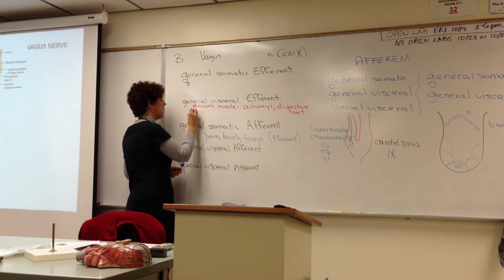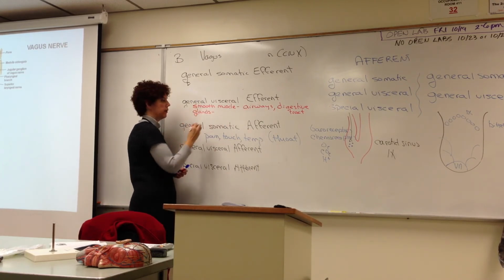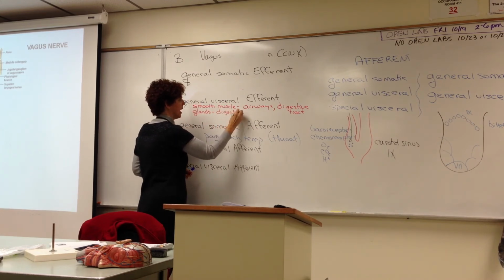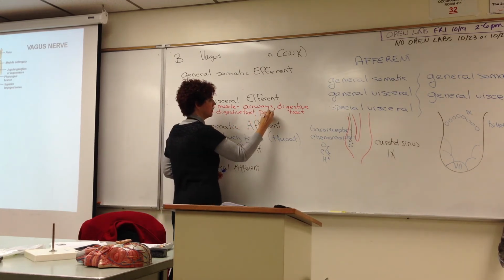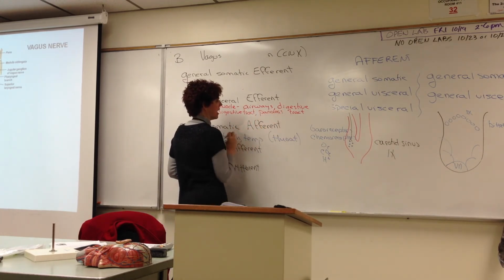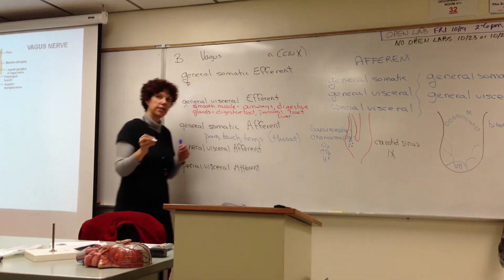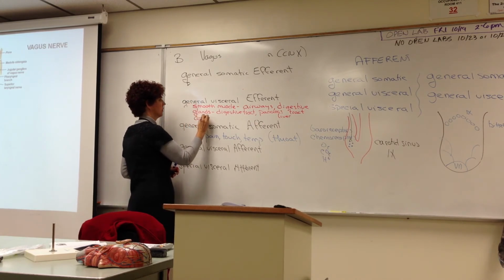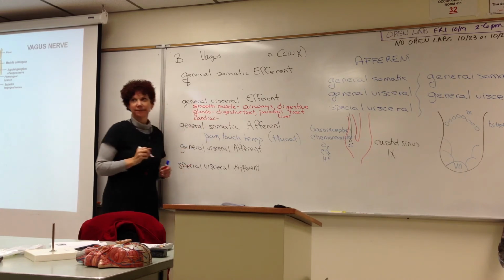It's going to be glands, so also the digestive tract, where we secrete enzymes. Pancreas. It's not part of the tract, but it's a digestive organ, and the liver. And in addition to smooth muscle and glands, it does cardiac muscle, so it decreases heart rate.